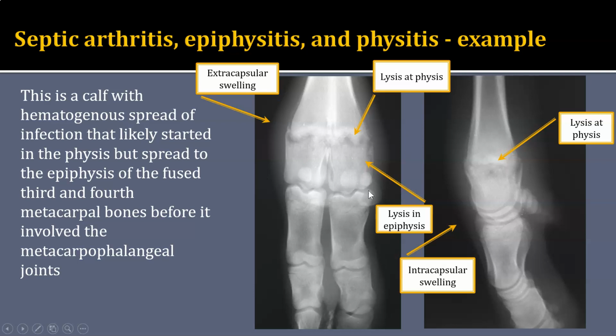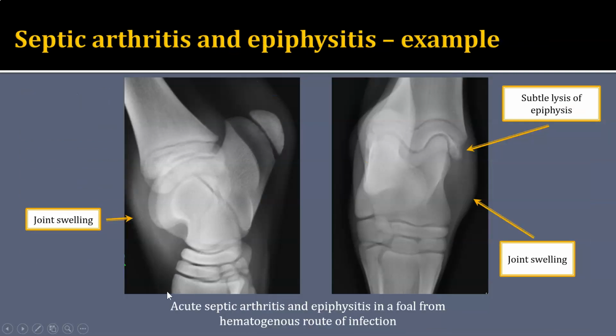And then, although harder to see, there is soft tissue swelling that has affected the metacarpophalangeal joints here. And so this patient had extension from the lesion that was infected in the physis and epiphysis down into the synovium. So septic arthritis, epiphysitis, and physitis.